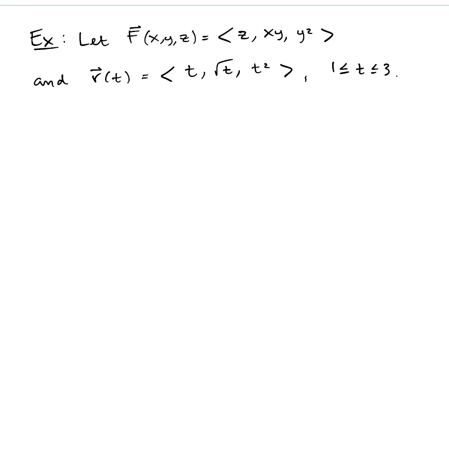Now let's say you wanted to compute this. They want you to do the line integral of that vector field along that curve C. Well, first of all, C is traced out as t goes from 1 to 3.